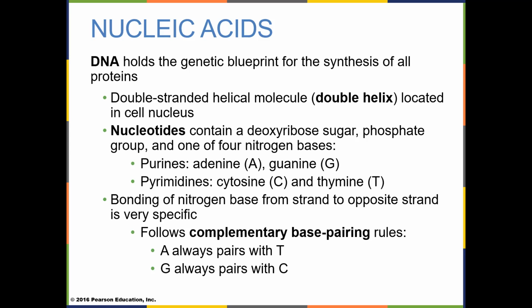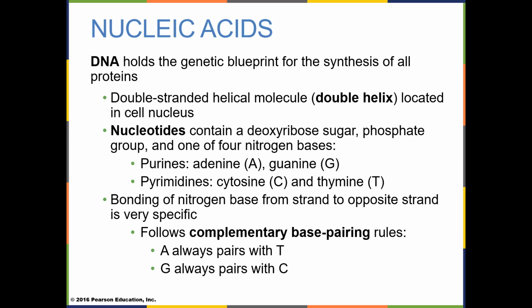It has one less oxygen than the ribose sugar. It has a phosphate group, and it has one of the following bases. It's either got a purine, such as adenine or guanine, or it has a pyrimidine, such as cytosine or thiamine.